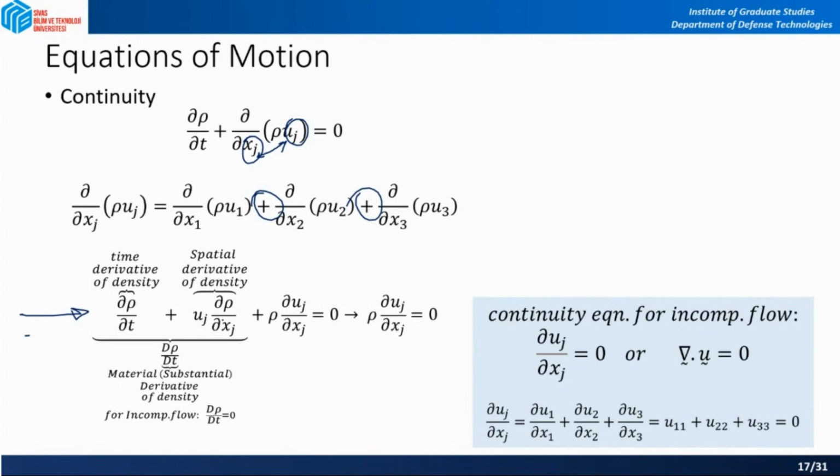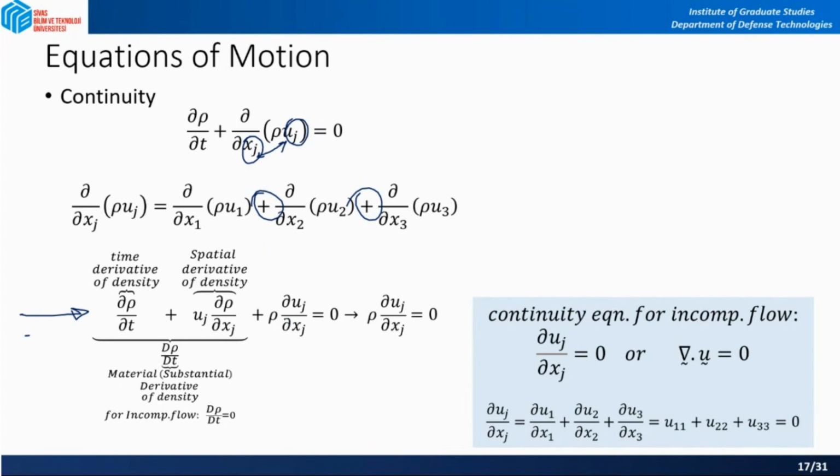And when you combine these two terms together, it's actually making your substantial or material derivative of density, which is the capital D rho over Dt, equal to 0.